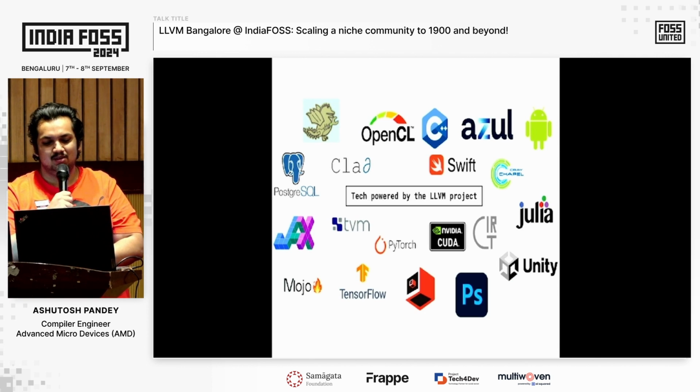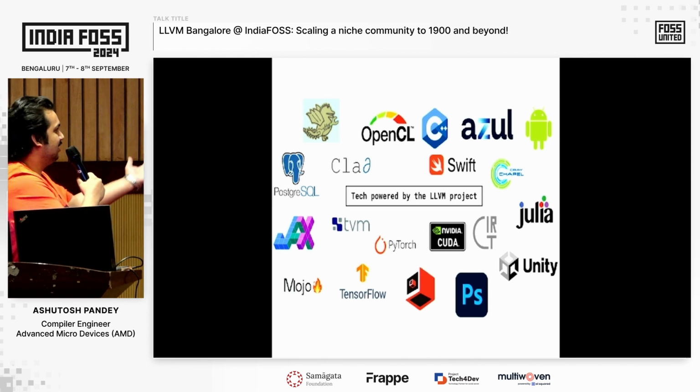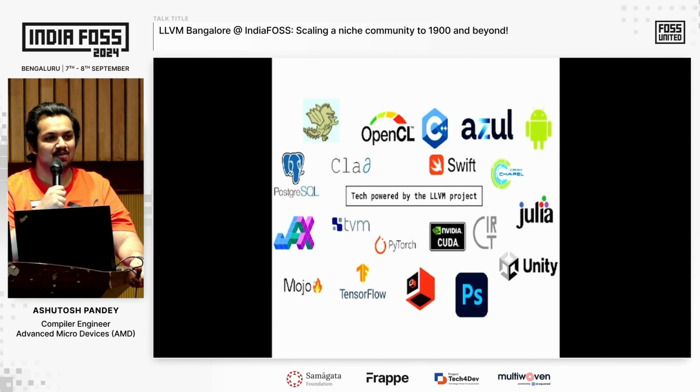It's a unique field where academia and industry work together. For the outsiders, this is some of the tech powered by the LLVM project. Everything from the Swift programming language to the Android NDK, Julia, Unity, Photoshop, Polymage, TensorFlow, PyTorch, JAX, Postgres. All of them use LLVM in some form or the other.